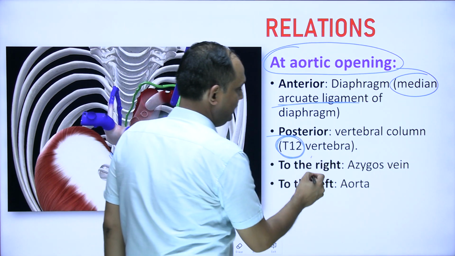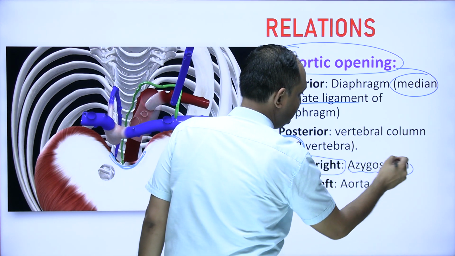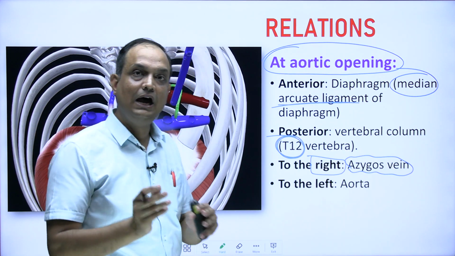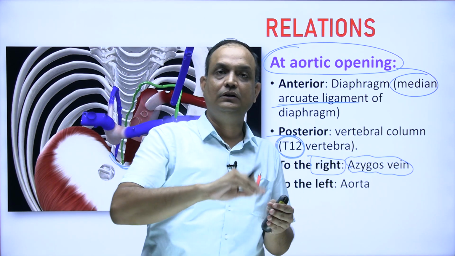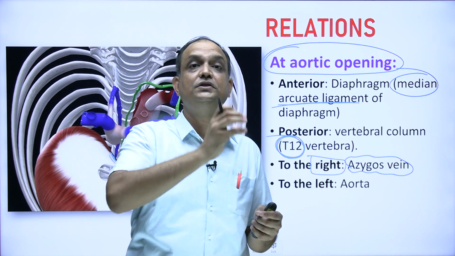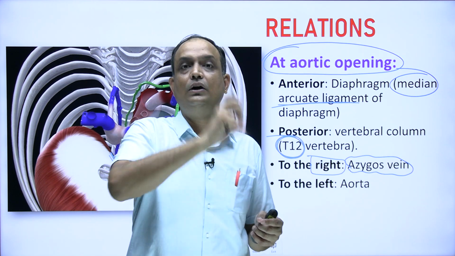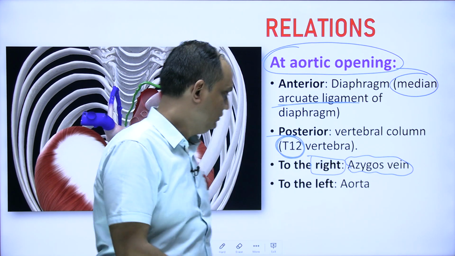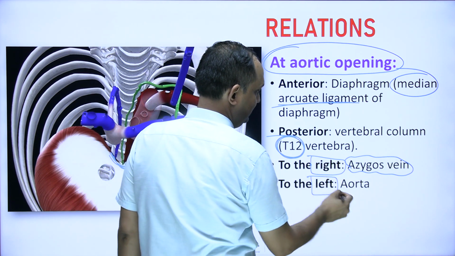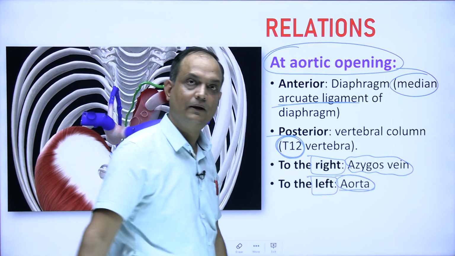So, obviously on the right relation I will have the azygous vein, while you have the impression of your aorta on the left lung. So, on the left side you have the relation of aorta. Clear?